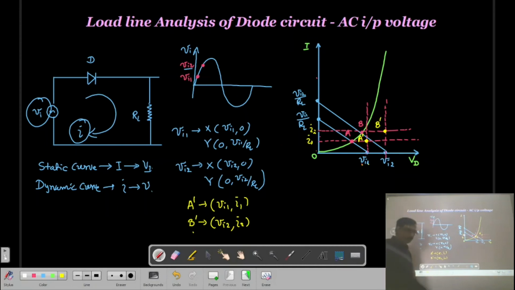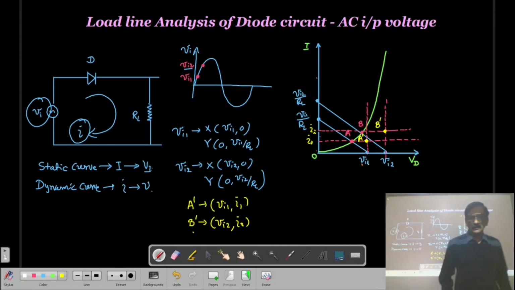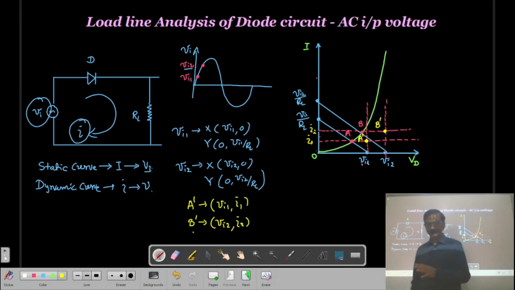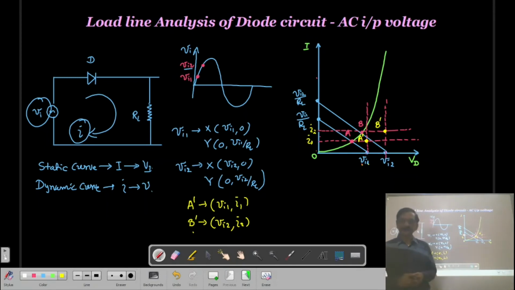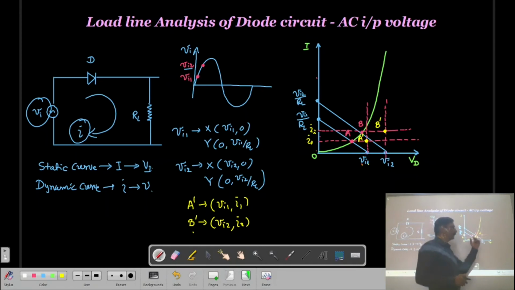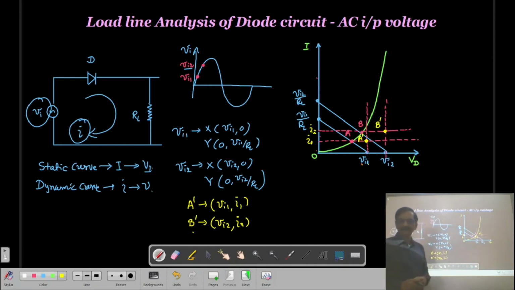Now, to draw any type of curve, remember, we require a minimum of 3 points, and if we join these points, that will give you the curve. Here we already got two points of this curve, A dash and B dash. The third point is naturally the origin, because when my input voltage is 0, the current is also 0.